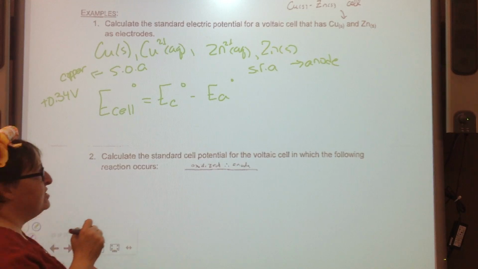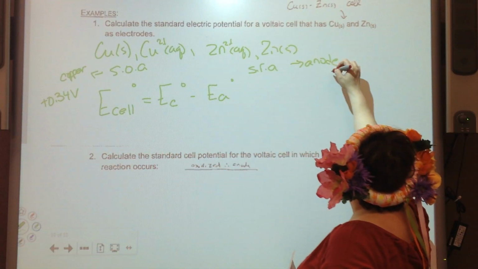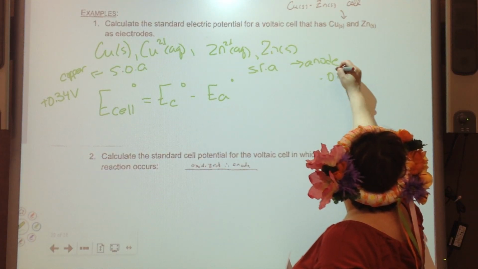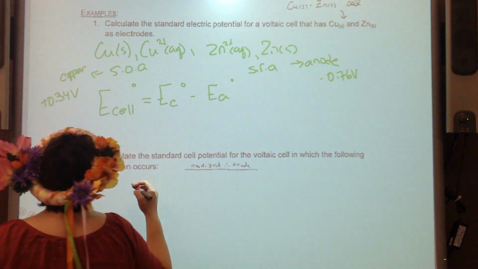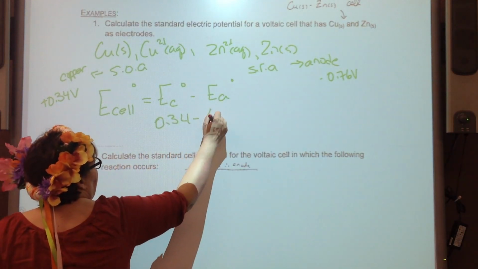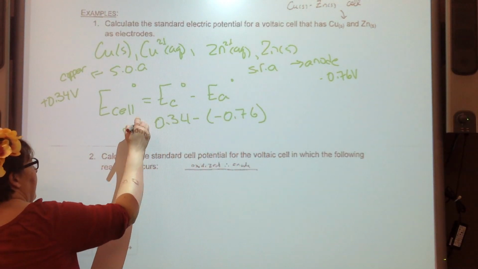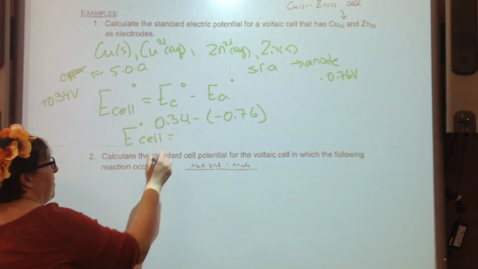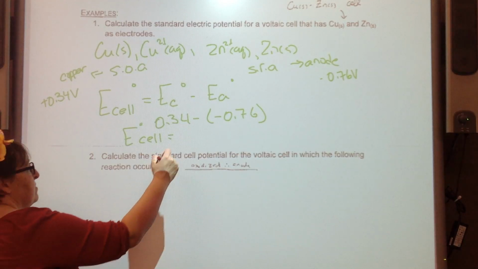And what's the cell potential for the zinc reaction? Negative 0.76. So the cell potential is 1.10 volts.